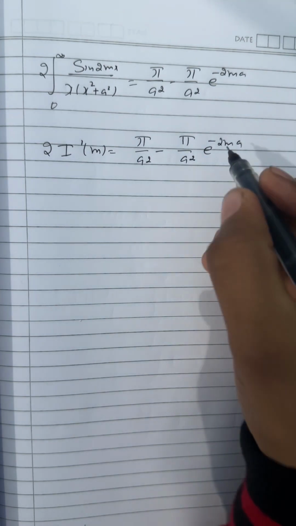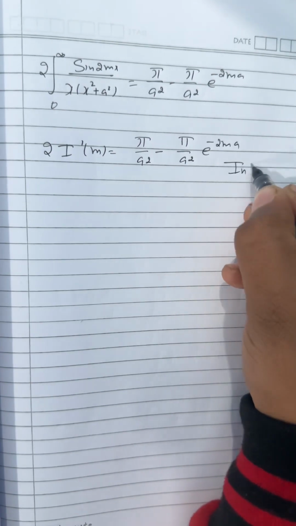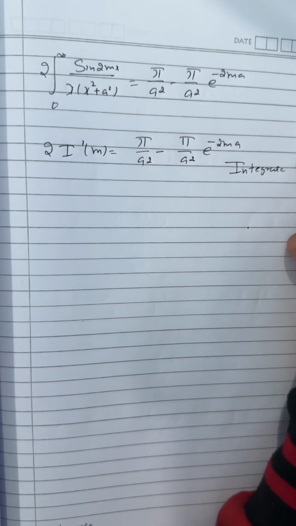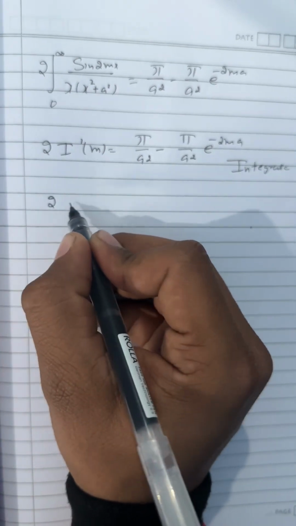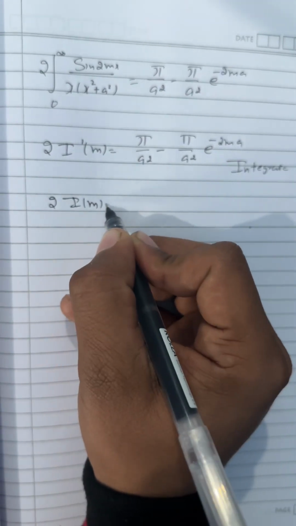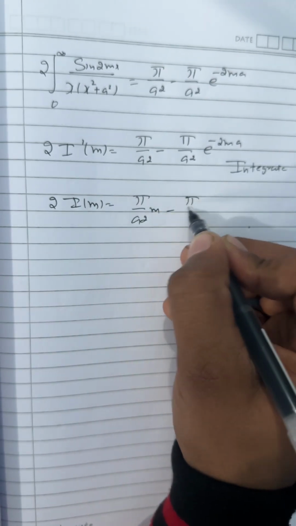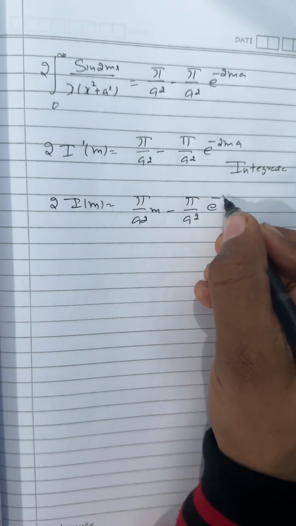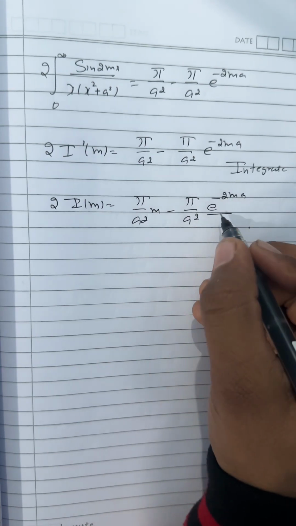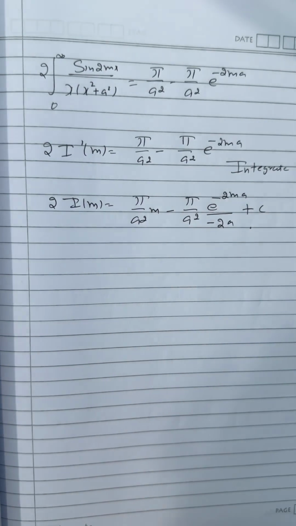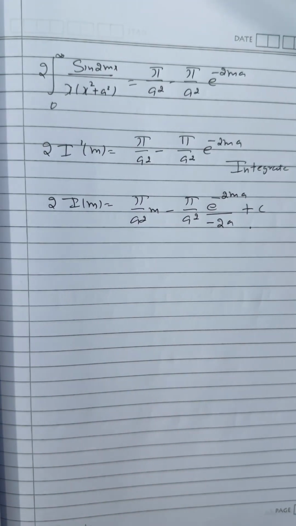So let's integrate this with respect to m. This is going to be 2 times I of m equals pi by a square into m minus pi by a square e raised to power 2ma divided by 2a plus some constant. So we need to calculate the value of c.